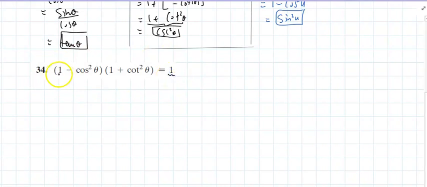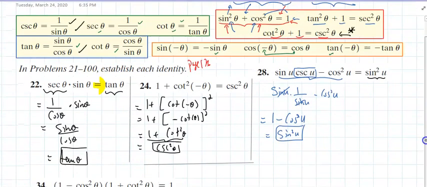Well, let's see. Do I know what 1 minus the cosine squared is? Yeah, that's the sine squared of theta. And do I know what 1 plus cotangent squared of theta is? Isn't that secant squared of theta? I'm sorry, cosecant squared of theta. And you could see it right there.